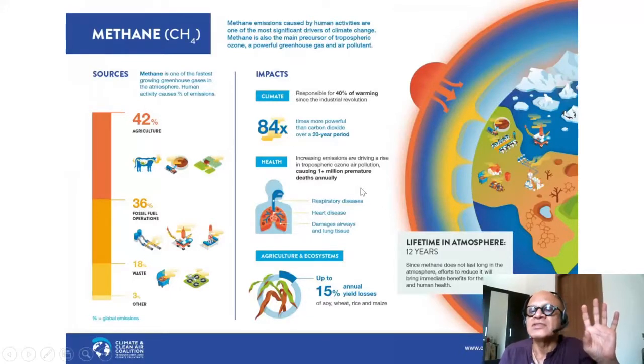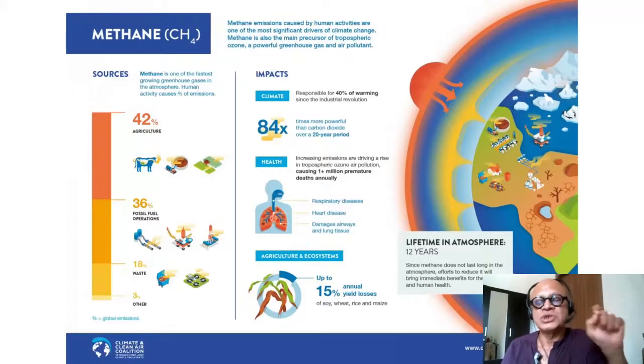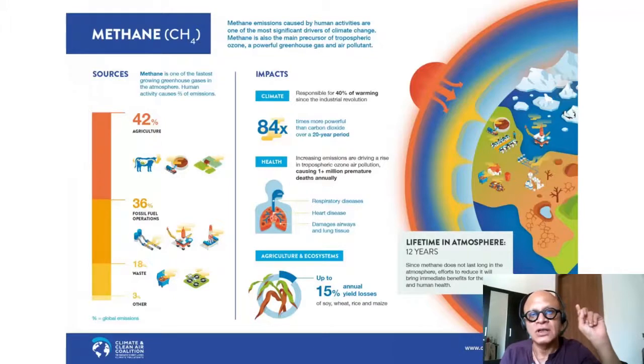Okay. Health impacts are huge. Increasing emissions are driving a rise in tropospheric ozone. We'll see how that reaction happens. Air pollution causing 1+ million premature deaths annually. So the methane decomposition happens by the OH radical, which has all these complicated interactions with oxygen, water, nitrous oxides, and then producing ozone is part of this overall reaction.